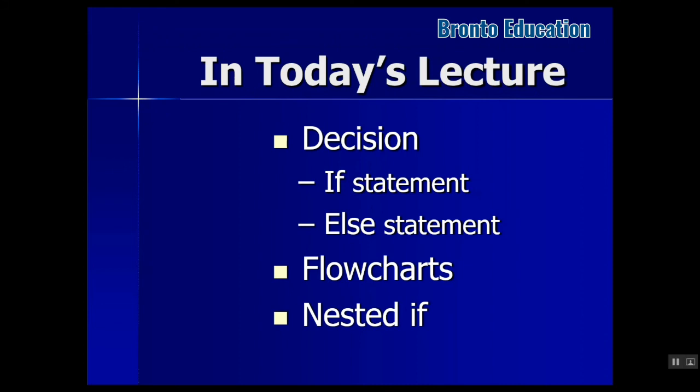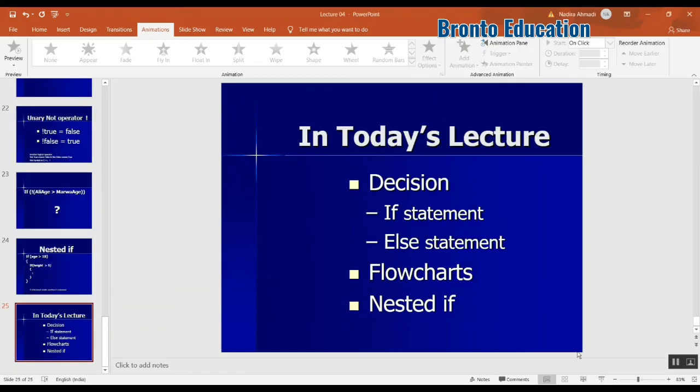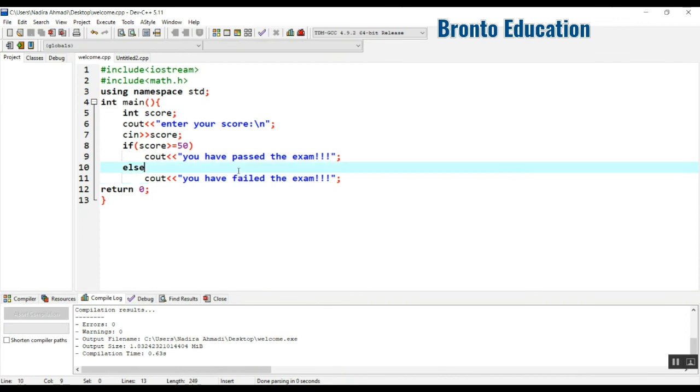Let me just make a program for you to check the logical operator. So here I have if and else. Here the problem is that if I give 101, it will tell me that you have passed the exam. And if I give -1, it also gives me the output that you have failed the exam.